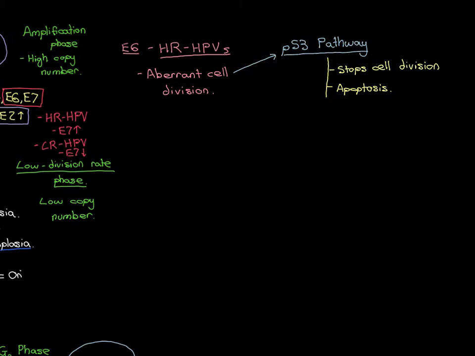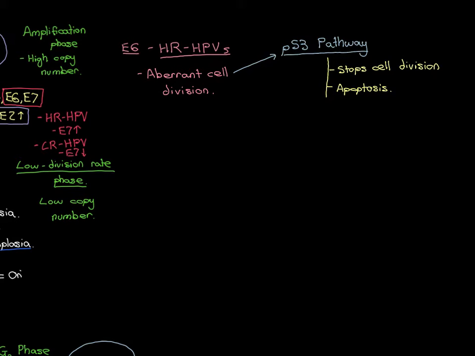It's a pathway that exists inside all cells, and if that cell starts dividing in a strange, stupid way, then this pathway exists there to be activated and to stop the cell dividing, and even if it's activated enough, to get the cell to commit suicide for the protection of the meta-organism, the multicellular organism. So this is a really important pathway to protect the multicellular organism.